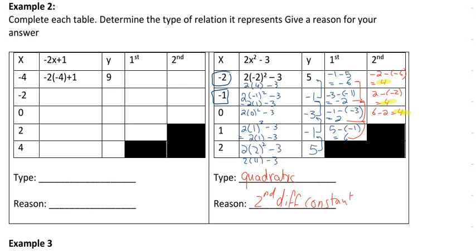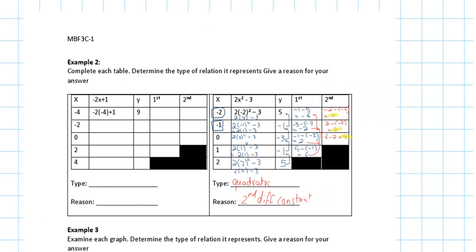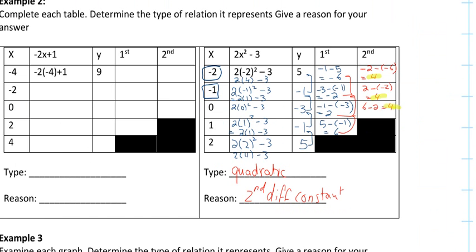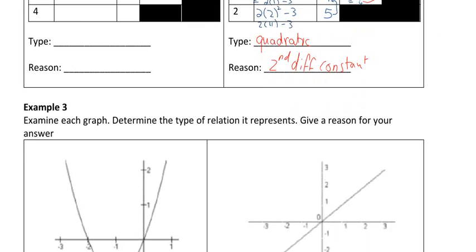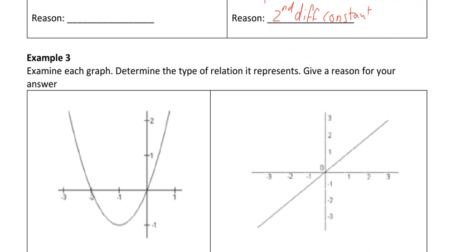Okay? And the last thing I want to do today is just look at these two graphs. What can you tell me about the first graph? Is it linear or quadratic? Quadratic because it's a parabola shape. How about the second one? Linear, it's a straight line.